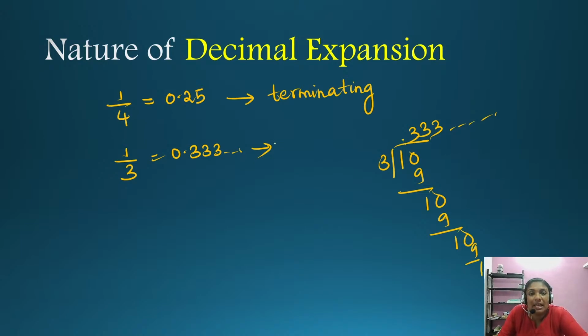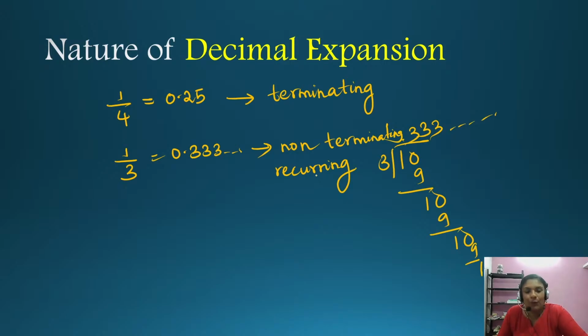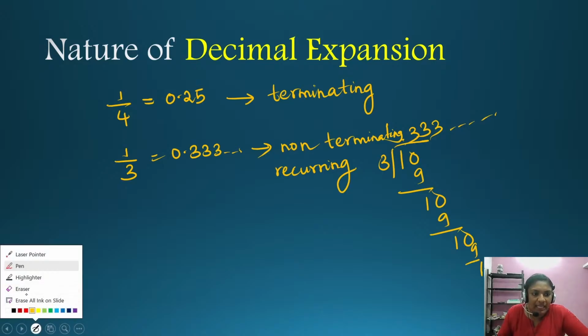Decimal places are repeating. So here it is not terminating, but non-terminating and recurring. What do you mean by recurring? Repeating. Okay.